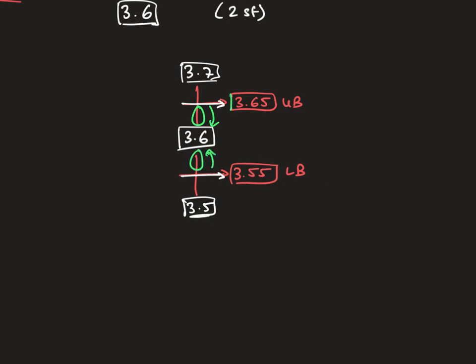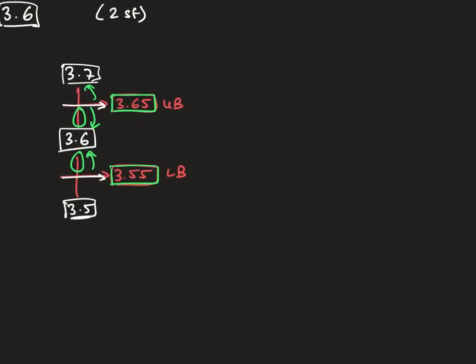So these are the values. Now this is the upper limit, remember, so 3.65 of course would actually round up to 3.7, but that's our upper ceiling number, and then 3.55 is the lowest possible number that would still round up to 3.6.